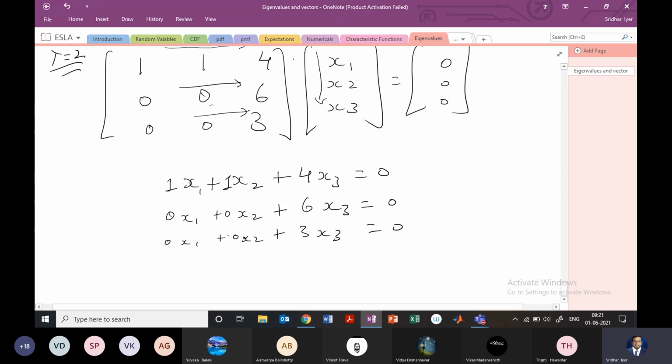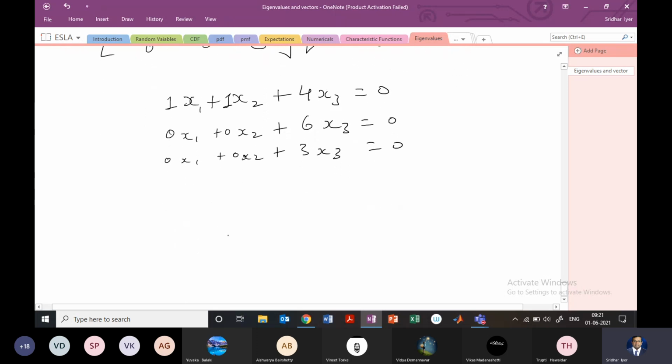There are different ways to solve this, but I'll take the first two equations. The reason is that in these two equations, if you see, the third one is almost the same because I'm getting only the values of x3. So I'm going to take this equation and that equation. How do we find the values of x1, x2, and x3?